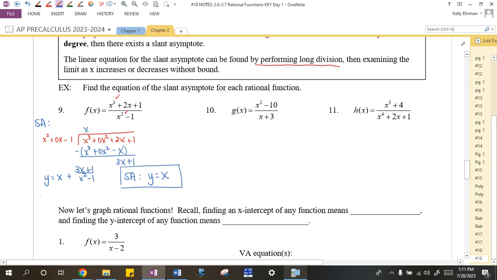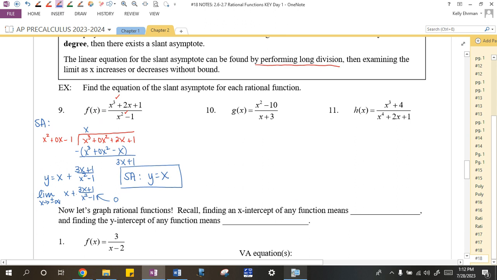Because remember, asymptotes are saying, what's the limit of this thing as x approaches positive or negative infinity without bound? Well, we would get infinity or negative infinity here, but I'm talking about this little piece here. What will we get here? This is bottom heavy. It would become 0, right?